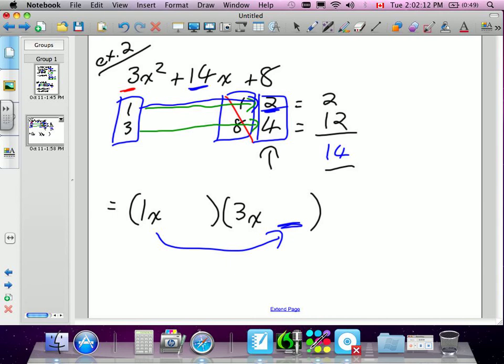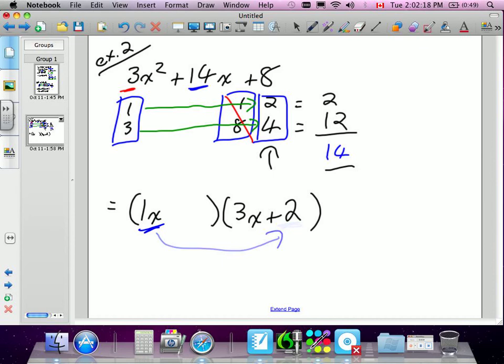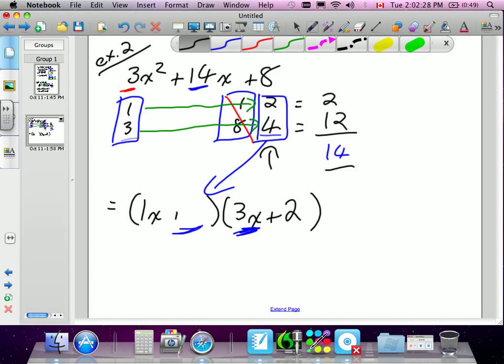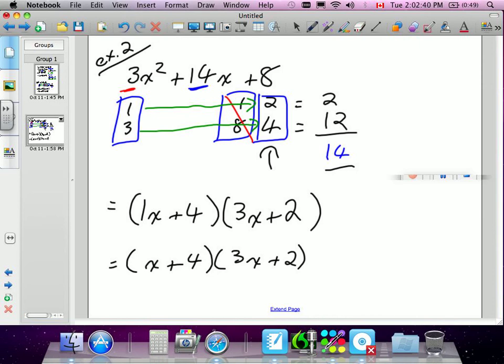Because the 1 is in the first bracket, my positive 2 has to go into the second bracket. Same idea with the other one. We did 3 times 4. My 3 is in the second bracket, so the 4 has to go into the first bracket. So our final answer is x plus 4 times 3x plus 2.